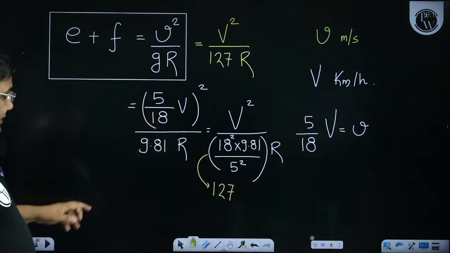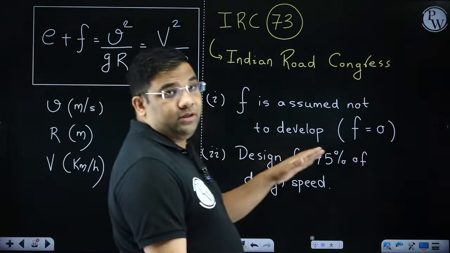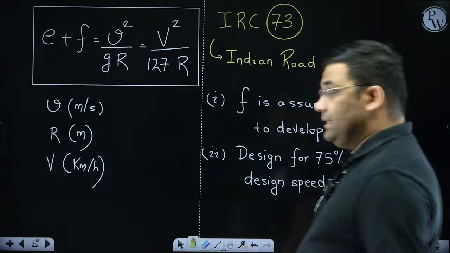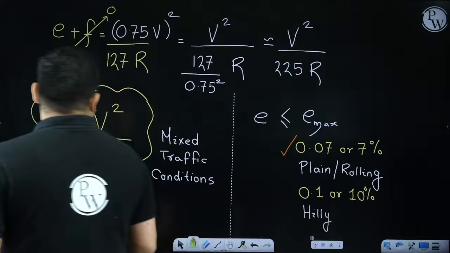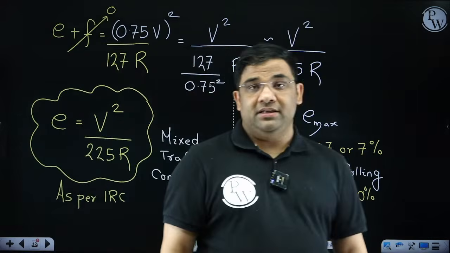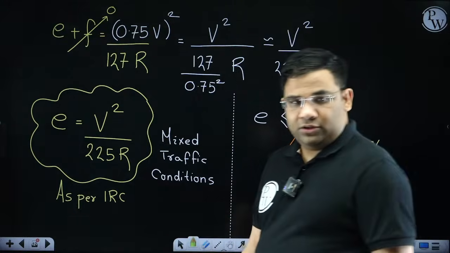Now this equation changes as per IRC by assuming friction to be 0 and designing for 75% of the design speed. The equation changes to V square by 225R, and then there is the concept of maximum superelevation as per IRC. And where to use which equation, that also we saw.